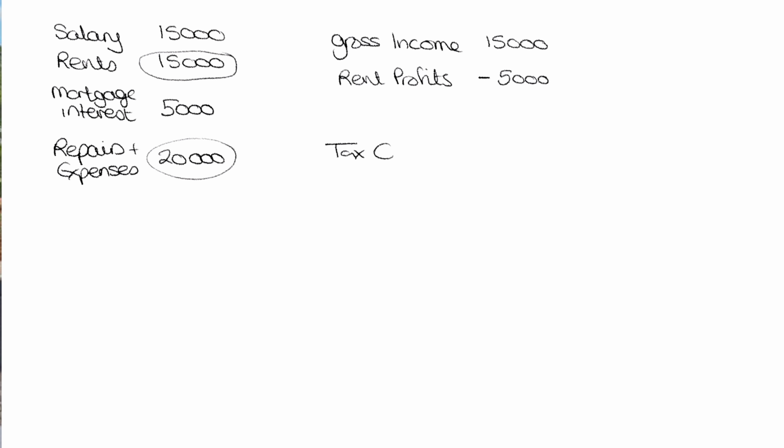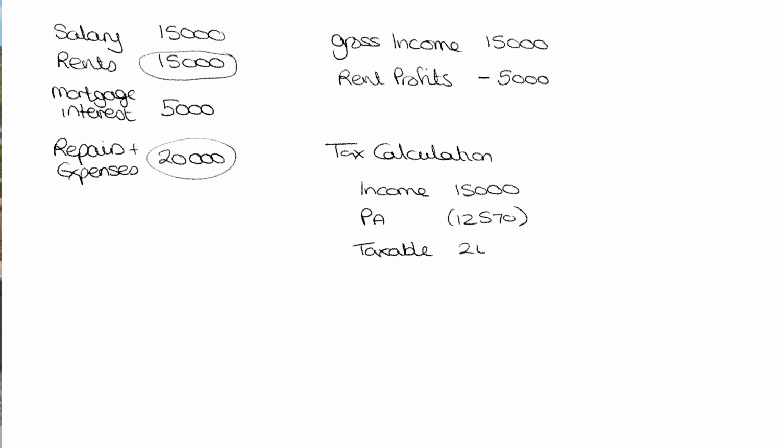Now, for tax purposes, this means that our tax calculation is going to take our income of $15,000, which will be able to take off our personal allowance of $12,570 to give us taxable income at this point of $2,430, which at 20%, because that is all in our basic rate band, is going to give us a tax bill of £486, which, because it's PAYE, we are going to have tax paid, and hopefully your PAYE coding notice is correct.